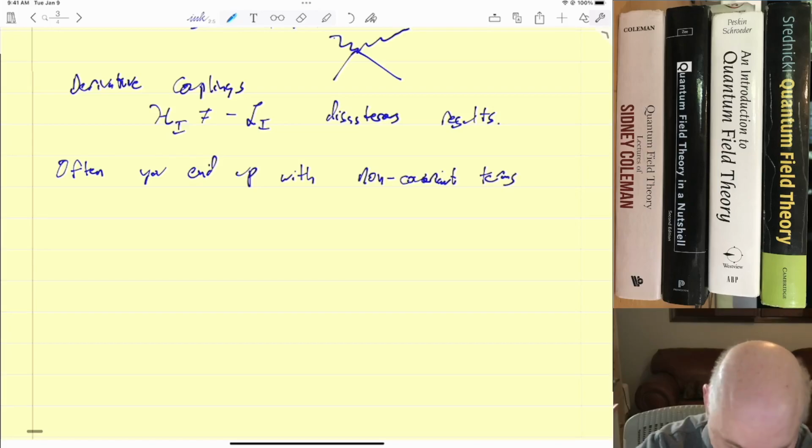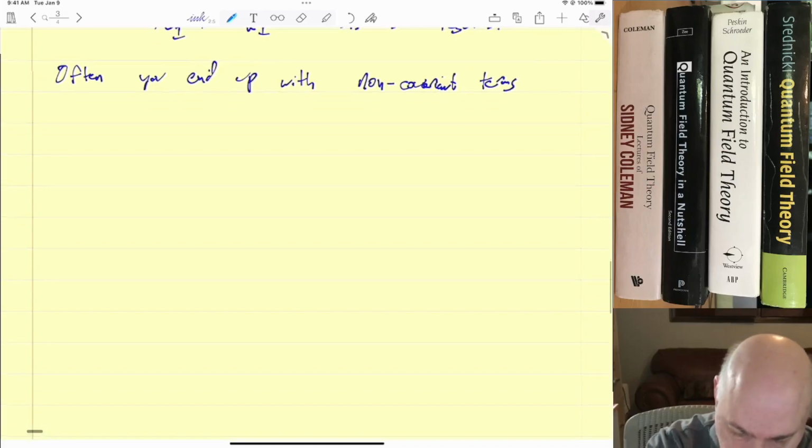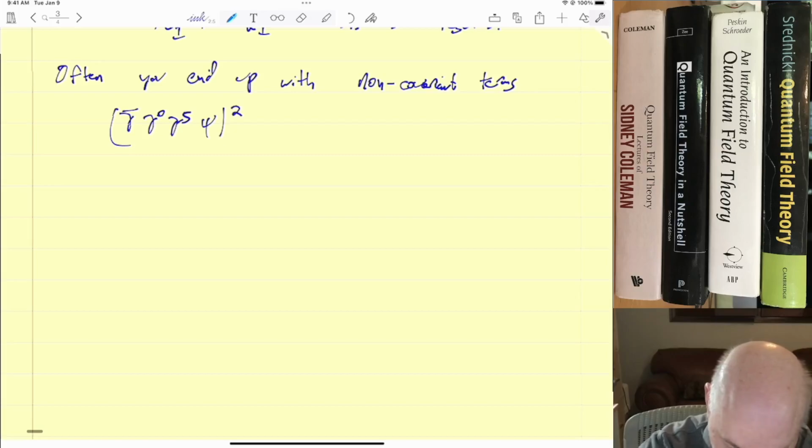Coleman gives an example, and he shows, I'm not going to do it here, that you can end up very easily with a term like psi bar gamma 0 gamma 5 psi squared, which is non-covariant, because it picks out the time gamma 0.